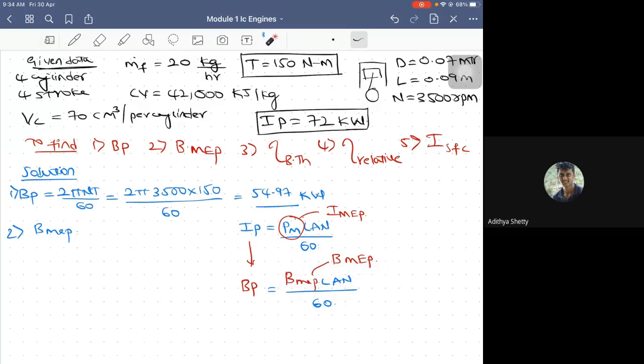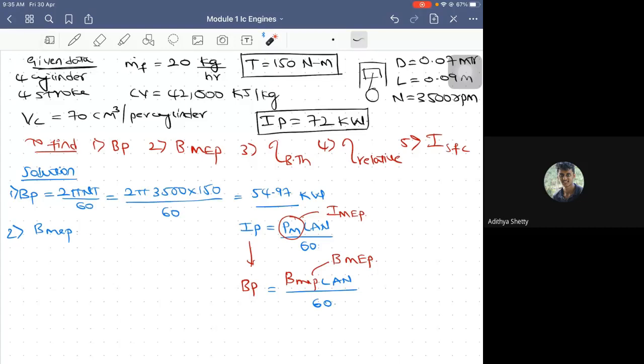If you just use the IP formula, then the mean effective pressure within the IP is known as indicated mean effective pressure. But if you replace IP value with BP, then that is known as the brake mean effective pressure. Is everyone clear about this? Yes, sir.